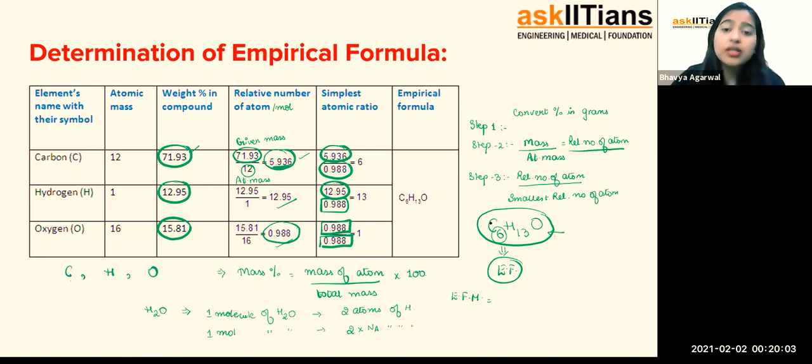So if I have 6 carbons, 6 into 12 plus 13 into 1, because 1 is the mass of 1 hydrogen and there are total 13 hydrogens. Same way, we have 1 oxygen and the mass of each oxygen is 16. This will give you the empirical formula mass, right? So that is 72 plus 13 plus 16.